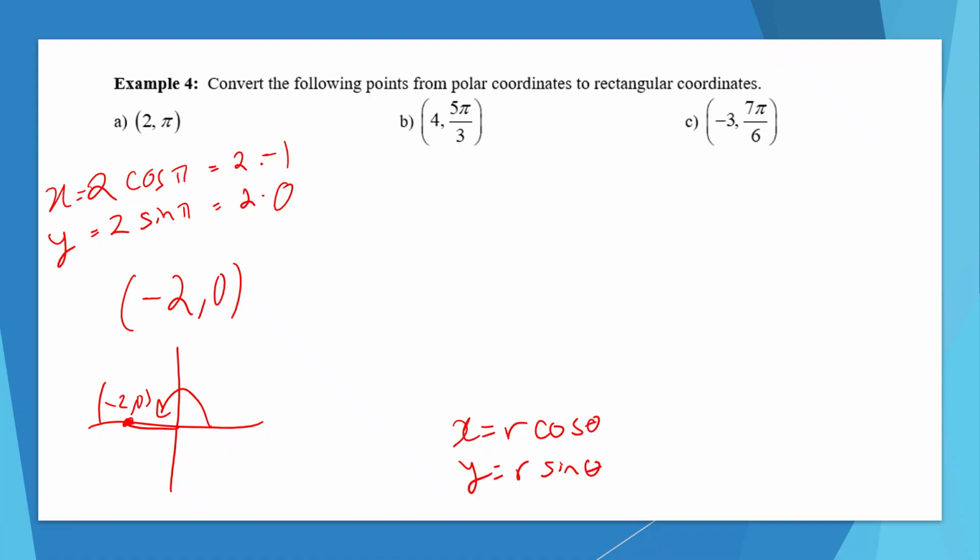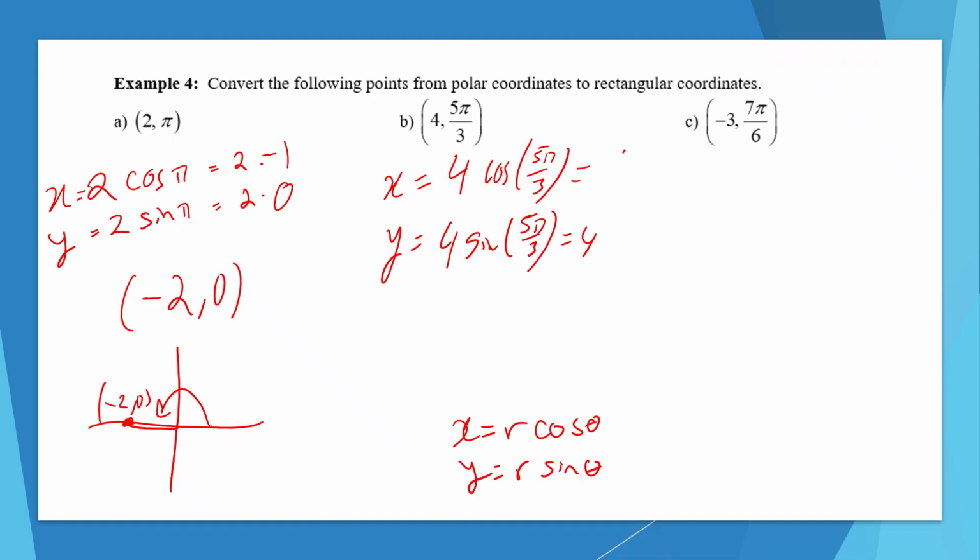Here we have 4 and 5 pi over 3. So x and y, x equals r cosine 5 pi over 3, and then y equals r sine 5 pi over 3. This is going to be equal to 4, and then this is a 60-degree reference angle, so cosine should be 1/2.